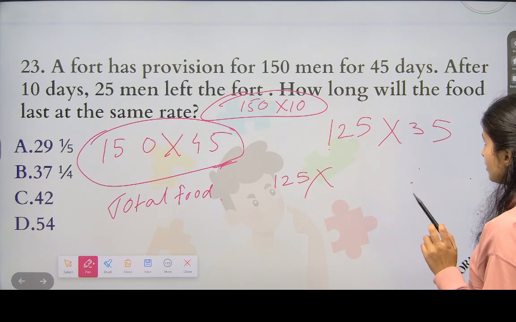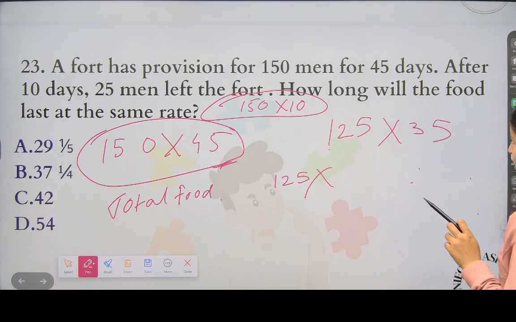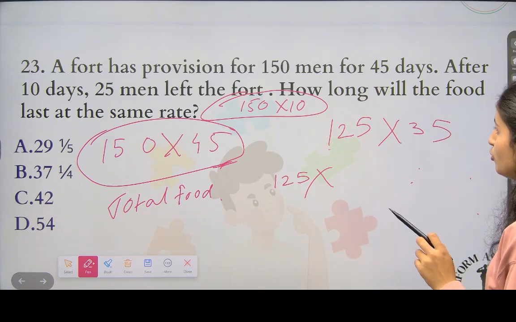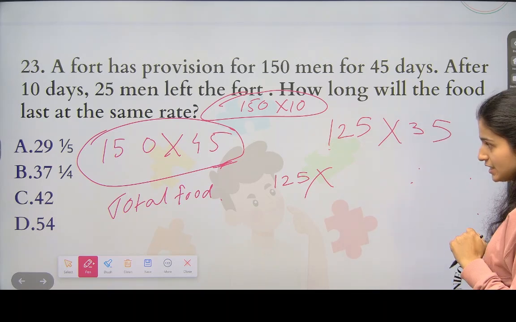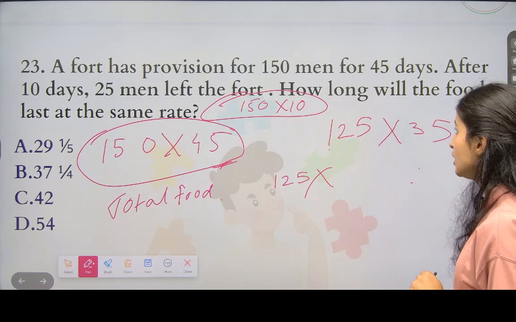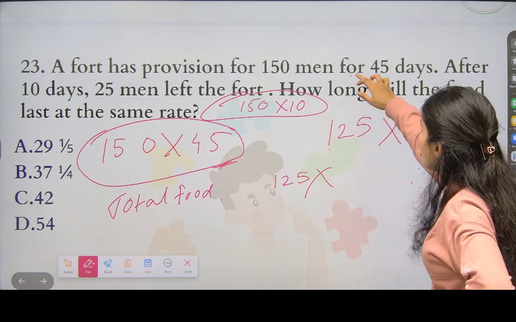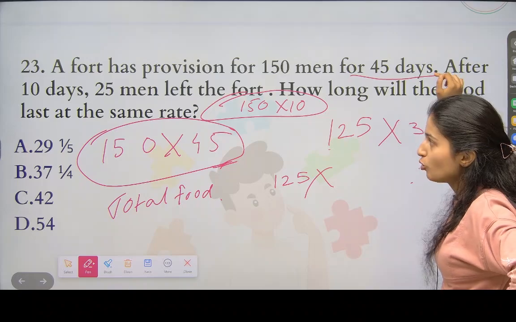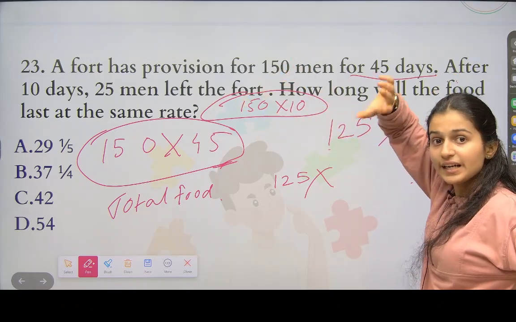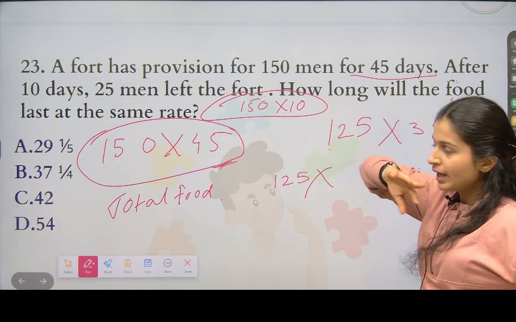After 10 days, how many days are remaining? 35 days are remaining. But for that 35 days, will the food remain? No, because there were 150 men and now they are 125, right?